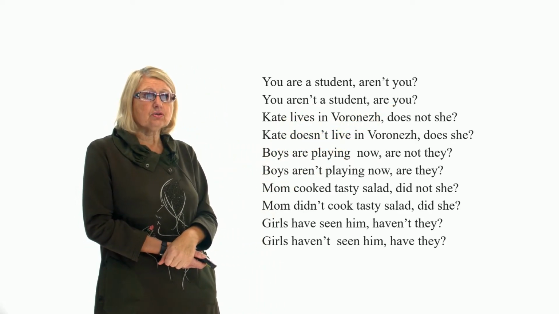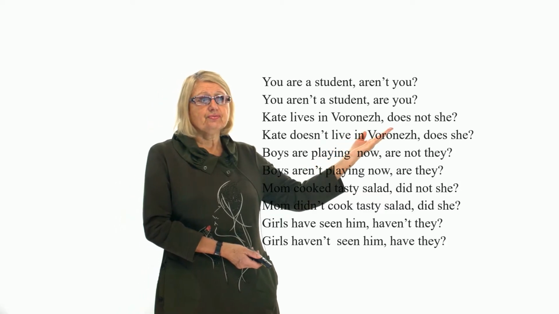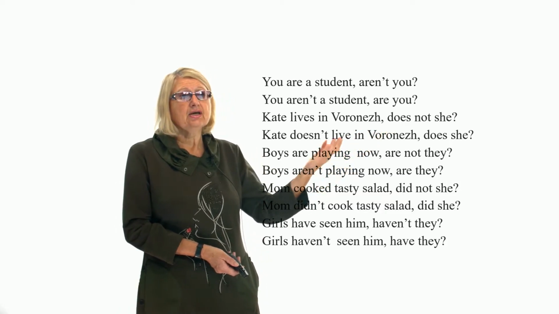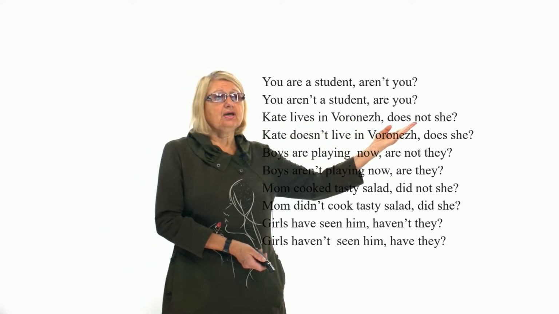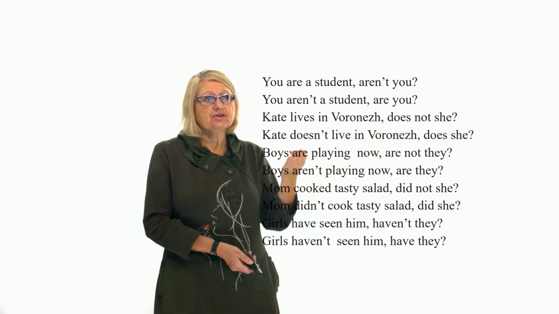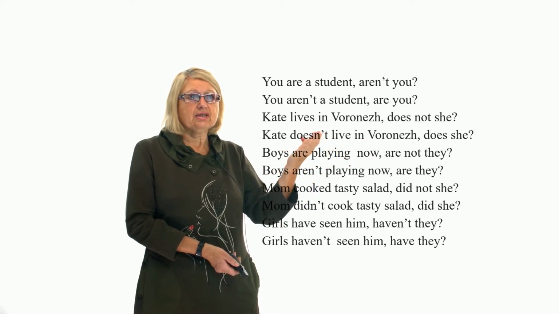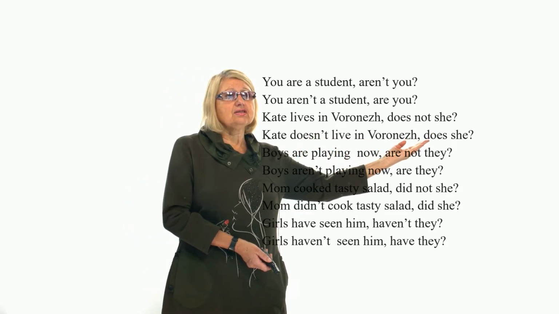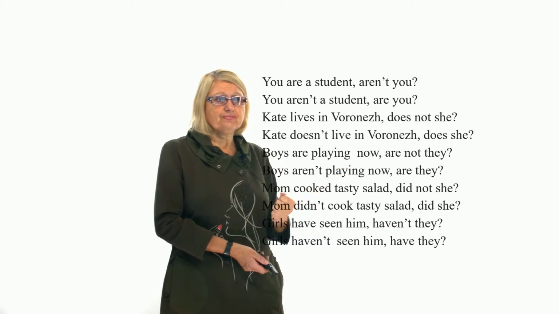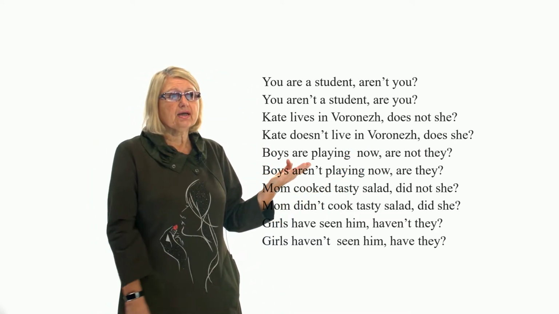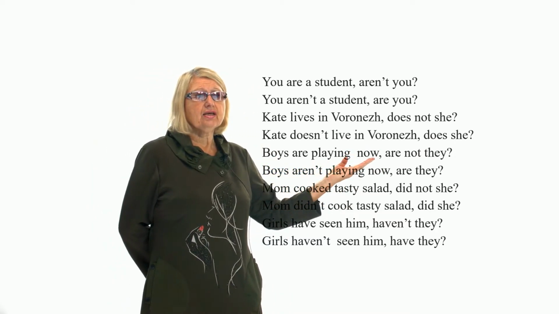Kate lives in Voronezh, doesn't she? Affirmative, and the tail is negative. Kate doesn't live in Voronezh, does she? Negative, the tail is affirmative. Boys are playing now, aren't they?